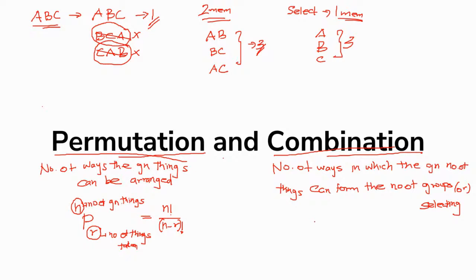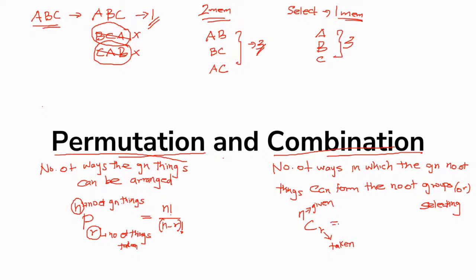And the formula for the calculation: here the values are very low, only 3 are being used. When the count increases, in such cases we will be using a formula called nCr. Once again, n is the number of things given, and r is the number of things taken.